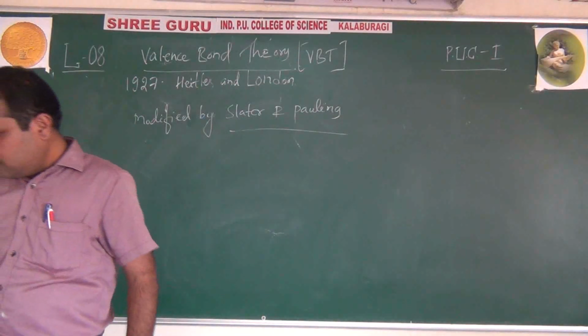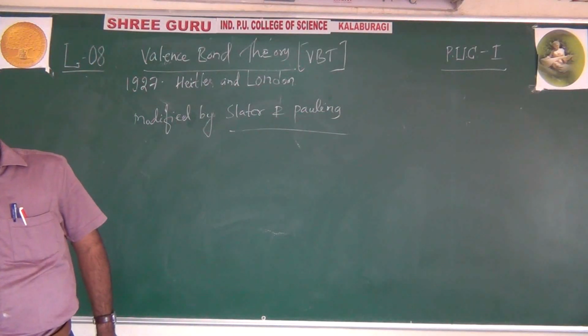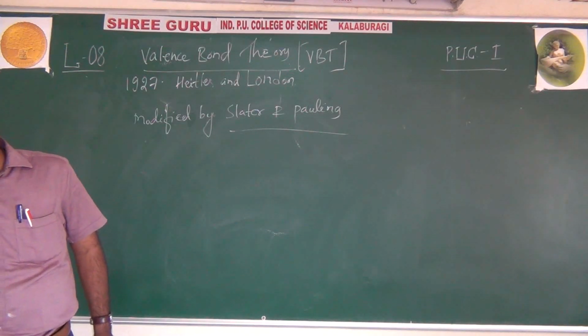According to this valence bond theory, how is a covalent bond formed?